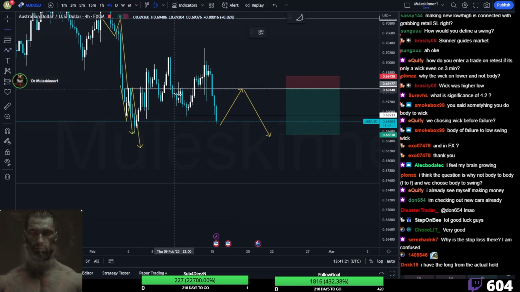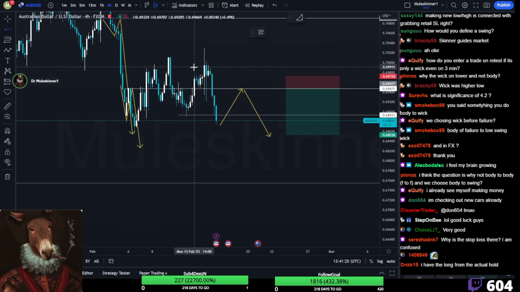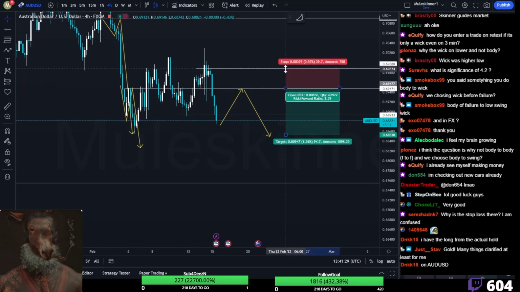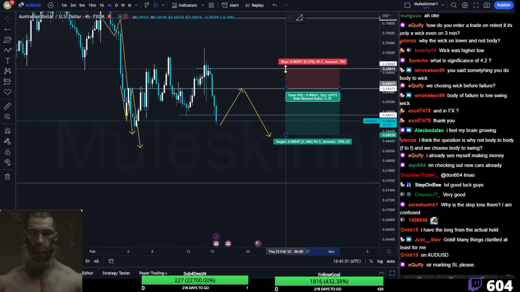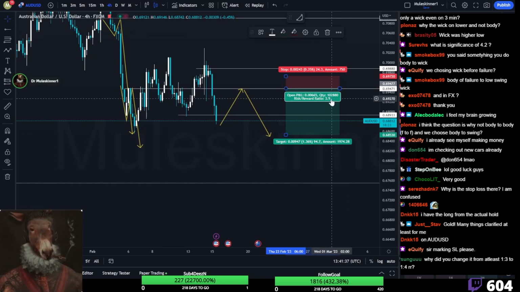Why is the stop loss here? Well, let's narrow it down. You're not going to have a stop loss here because that would mean the risk reward is messed up. So the only place to have a stop loss is this one, because that was the only way you're going to have a full risk reward.